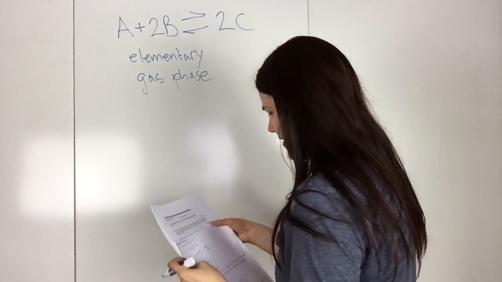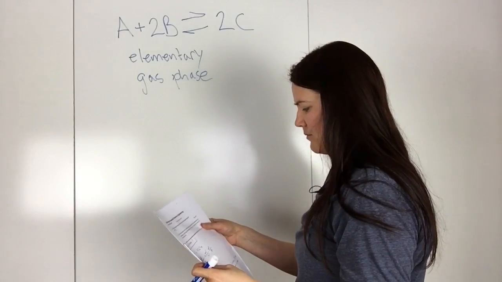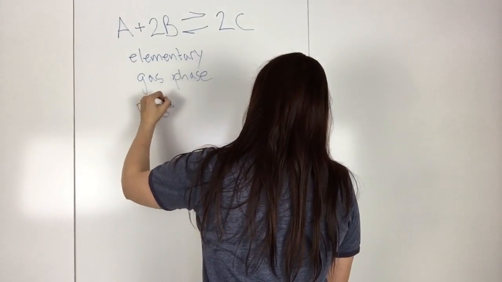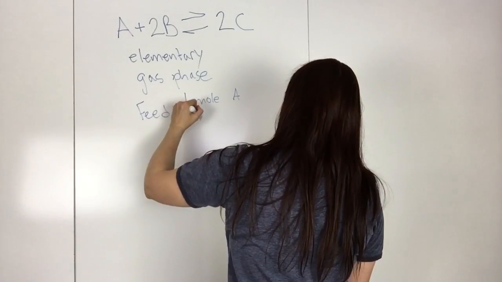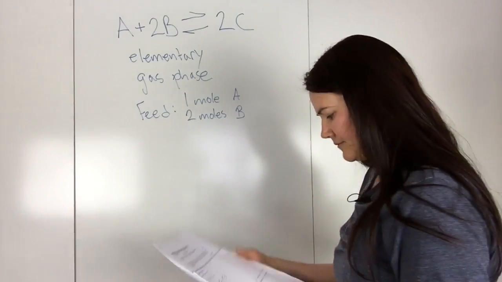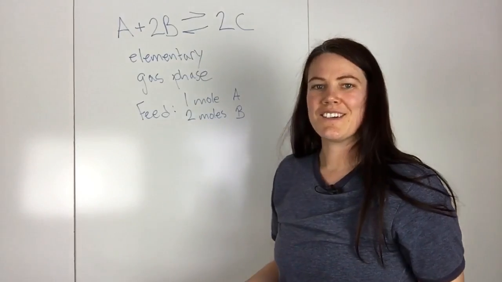And then you also know that the feed has 1 mole of A and 2 moles of B.